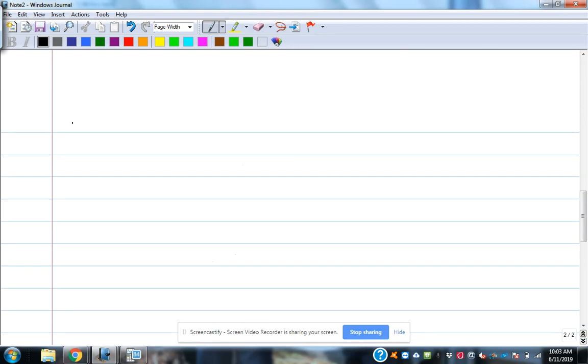Let's do one that's a little tougher. Got variables on both sides. 4 minus 3x is less than or equal to 7 plus 2x. All right. So same idea as solving an equation. You want to get x by itself.